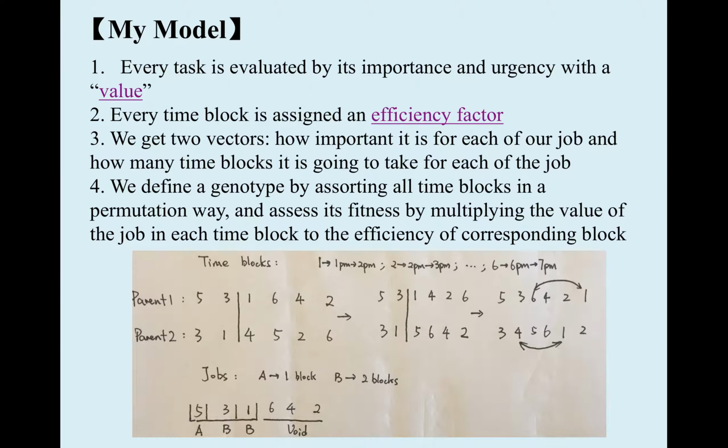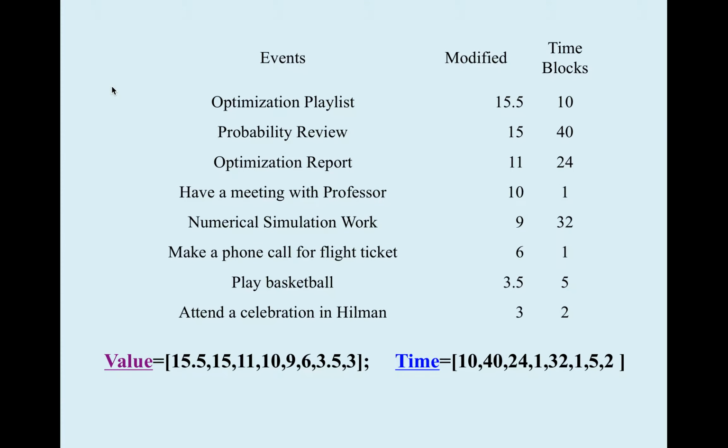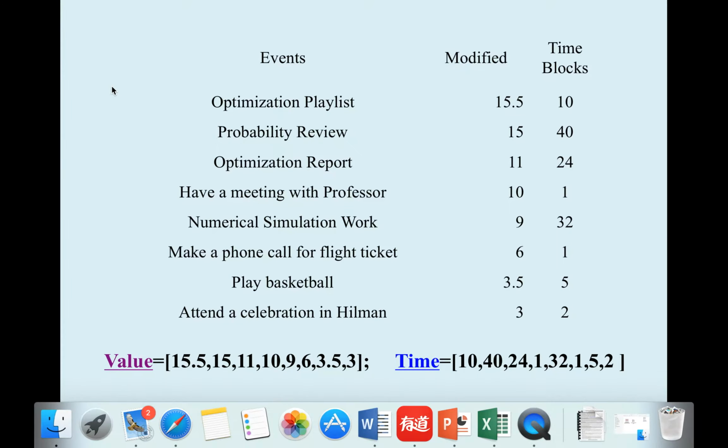In my model, I will first evaluate every task's value of importance and value of urgency, and then add them up to attain the value of the task. We have 8 jobs, 8 modified values of the jobs, and 8 different times I need to finish the different jobs, and this will return 2 vectors.